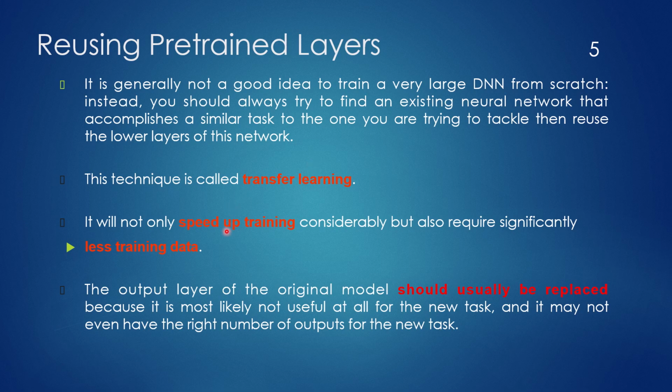The benefits of transfer learning are faster training and requiring less training data. The output layer of the original model is usually not useful for the new task. It should be replaced as it may not match the number or types of outputs needed for the new task.